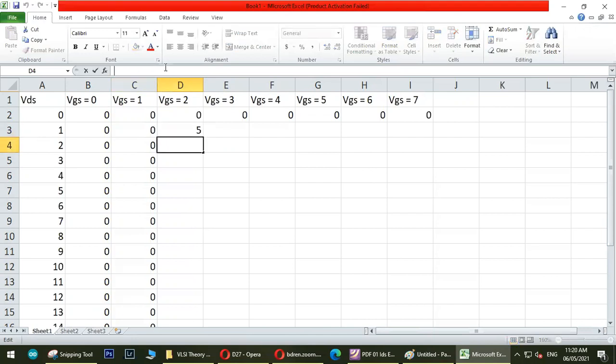The saturation formula was beta by 2 times VGS minus VT, squared, so 2 minus 1, squared.